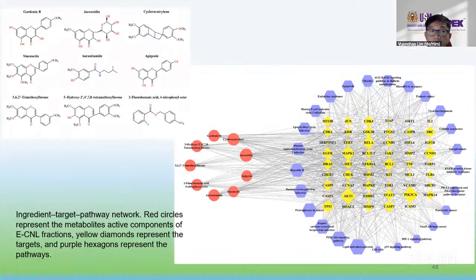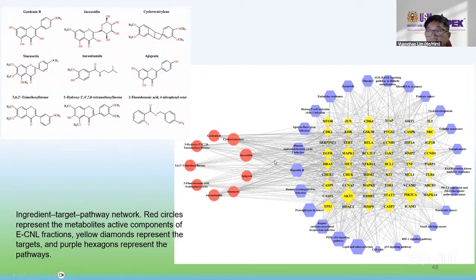So from here, we have the whole figures combined as the information in a single network. On the left, you can see the bioactive metabolites that are identified from the metabolomics. We have Canadine B, josecidin, apigenin, sinensetin, and some other compounds.